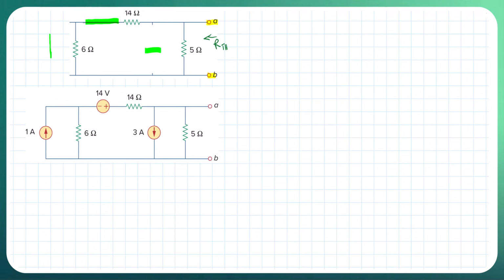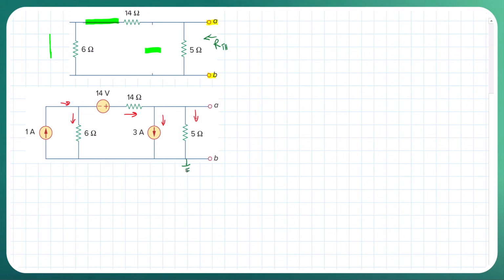So I'm going to just assume I have a current coming in this way from this 1 amp. I'm going to assume my current direction is this way. I have a current going in that way, my current going down here, and then I have another current going down here.